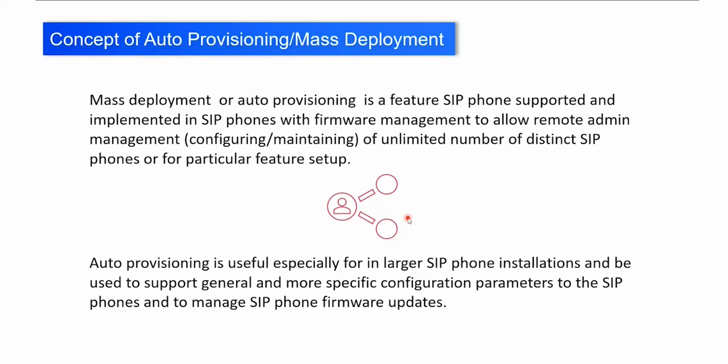Auto provisioning is quite useful, especially for large SIP installations, and it supports general or more specific configuration and parameter setup. Sometimes you also have to configure or update the SIP firmware.